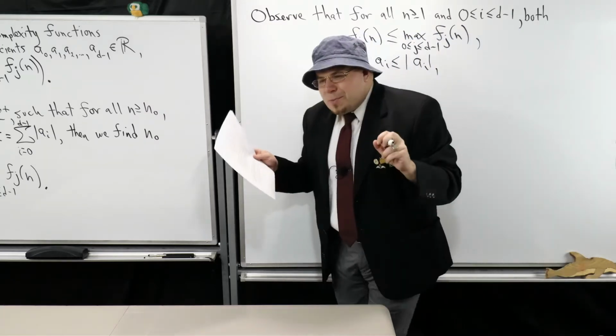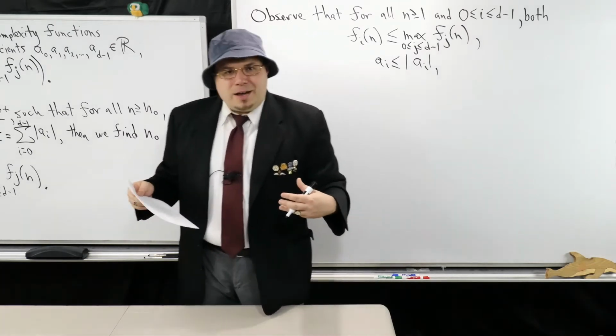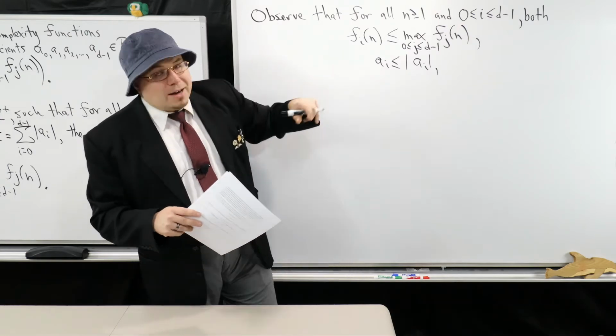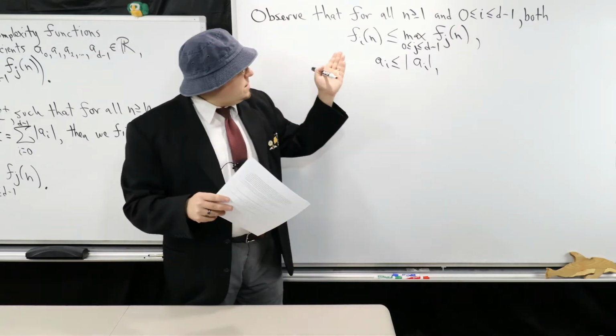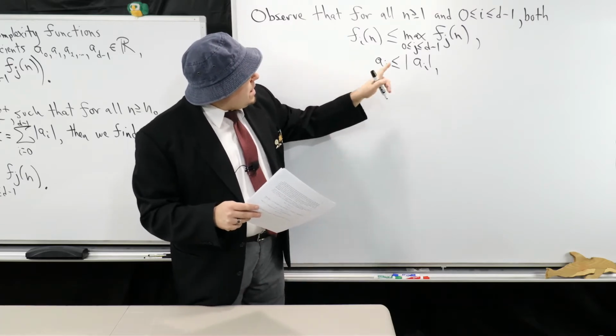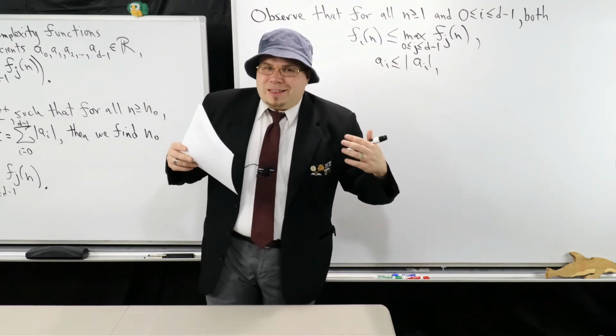If you remember something I did before, and I've done this strategy several times, I already know that this bound exists, and I want to bridge between the sum of my function values and these coefficients multiplied. And I want something on this side to allow me to bound by the maximum.